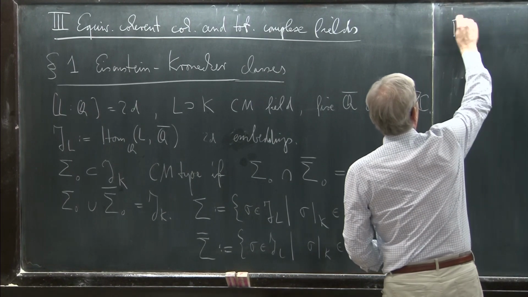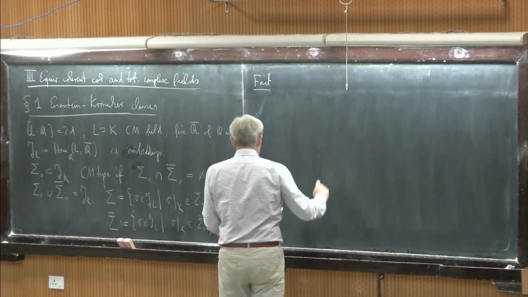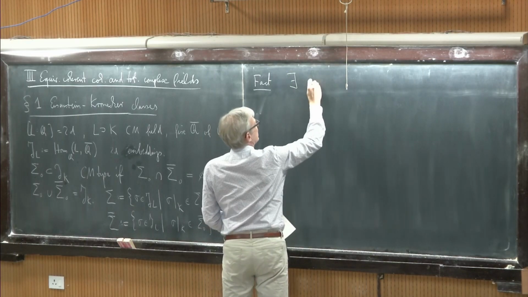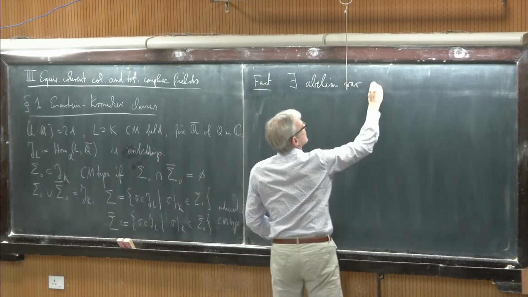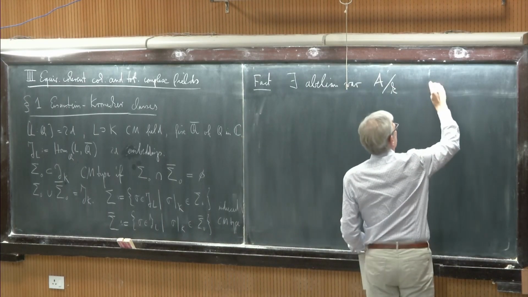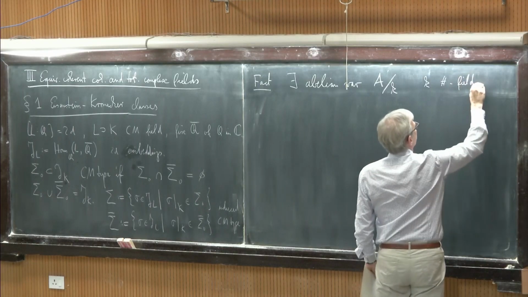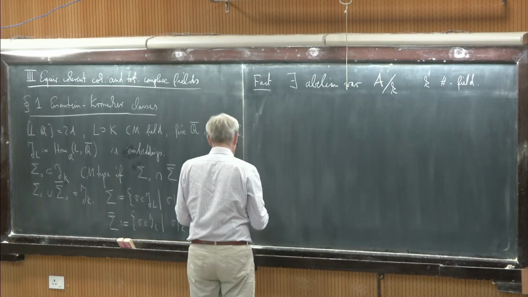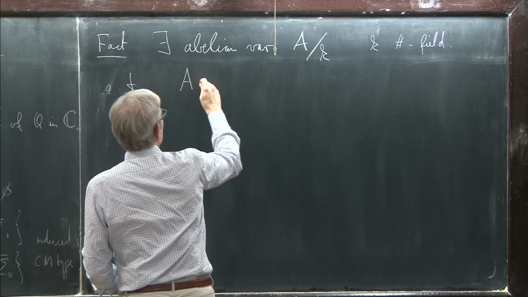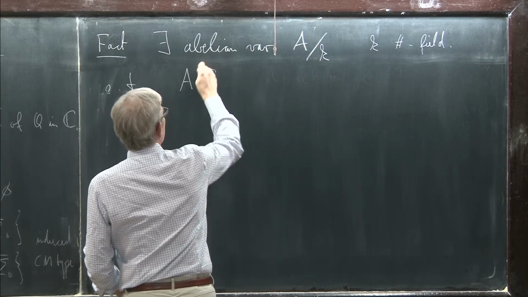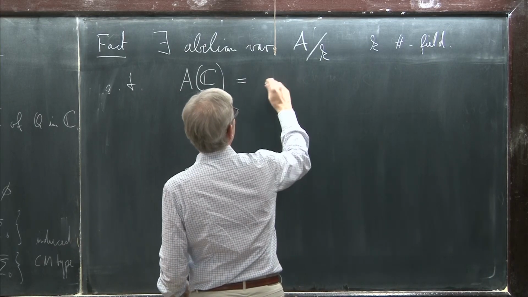So now the fact is the following, and that's really a deep, deep fact. There exists an abelian variety A defined over some number field K, such that if I look at the complex points, it is given by the following.